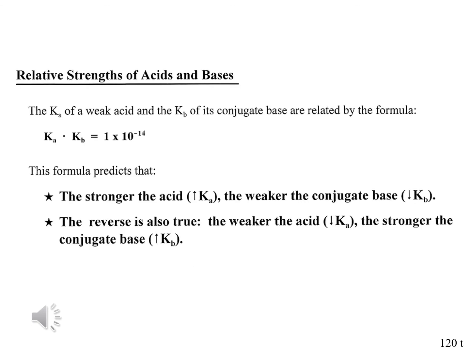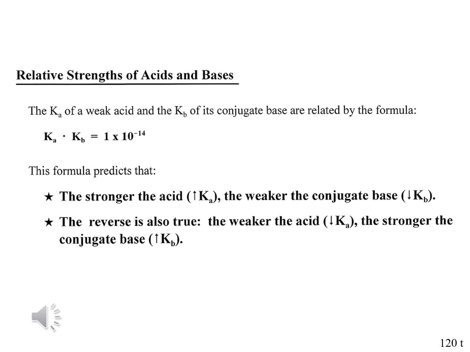Before we leave this class, I want to show one more principle that we're going to use next time. And this is just not a math problem, but it is something that's a concept. If you look at the equation we derived for Ka of an acid times the Kb of the conjugate base, you know that that equals a constant, which means if you take two acids, one is stronger than the other, the larger the Ka goes, the Kb has to go down, which means the conjugate base will be weaker.